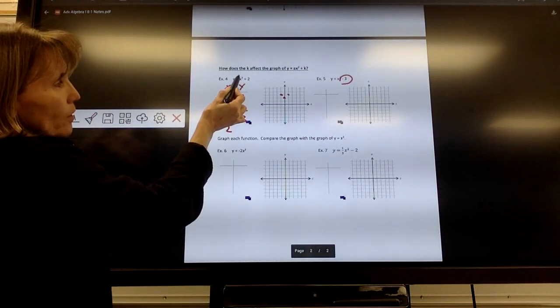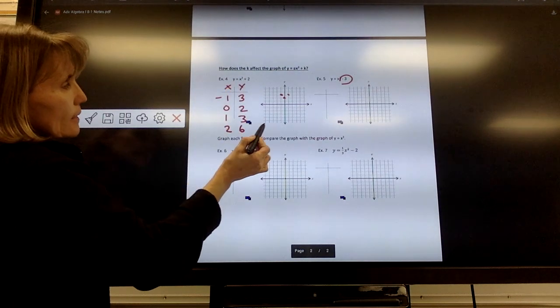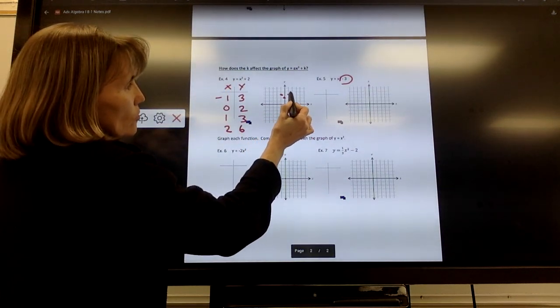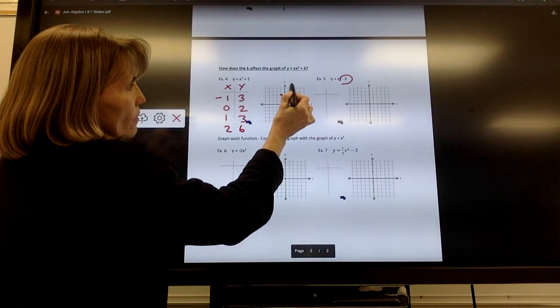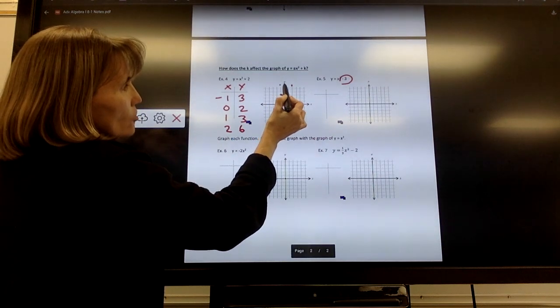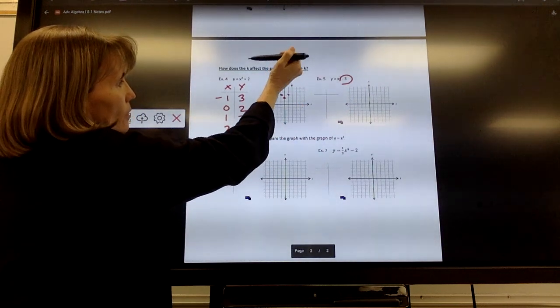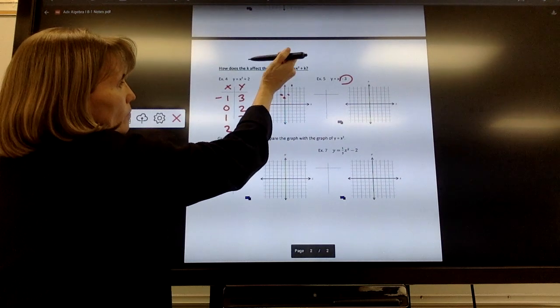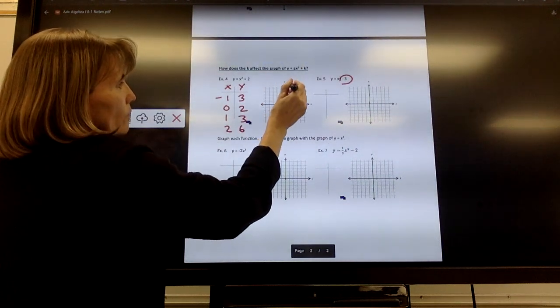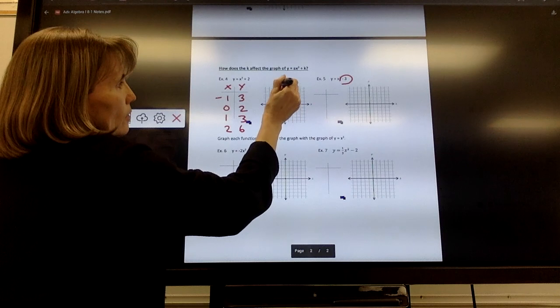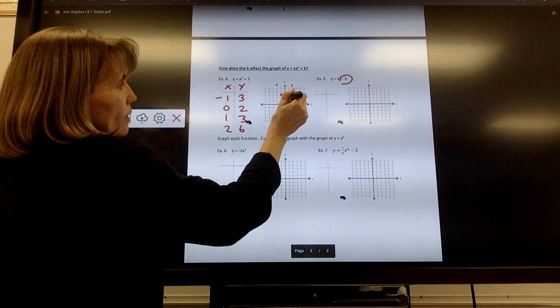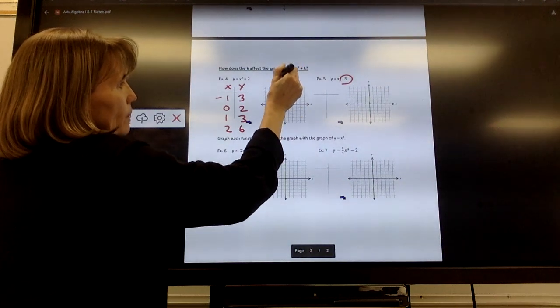If I put a 2 squared in, I get 4, plus 2, I get 6. That's a little bit off the graph. We know it's going to mirror on the other side. It's going to be out here. Okay, so there's your graph.